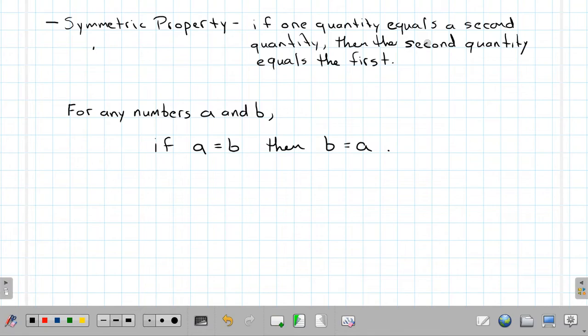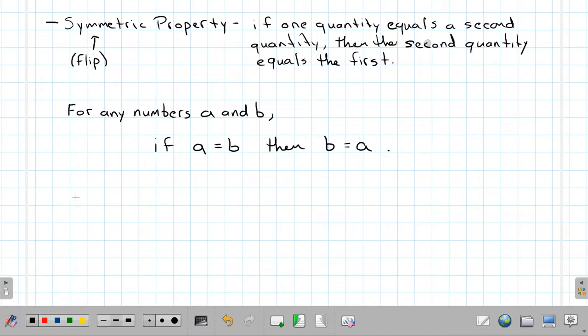The word symmetric means that one side is equal to the other, and if you flip it around, that first side is still equal to the second side. So it doesn't matter which side it's on of the equal sign, it will still be equal.